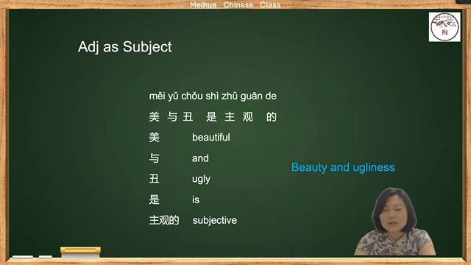Here I want to share with you a very famous Chinese idiom talking about this topic. 情人眼里出西施. Because we think beauty and ugliness is usually subjective. You may think an ugly man in my eyes is actually beautiful in your eyes.